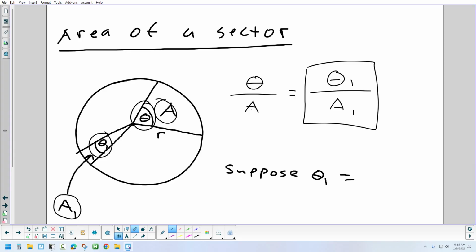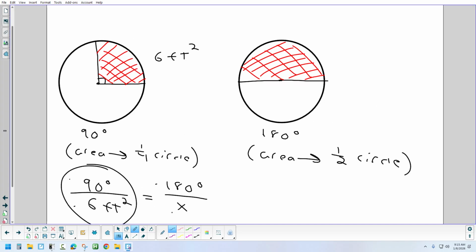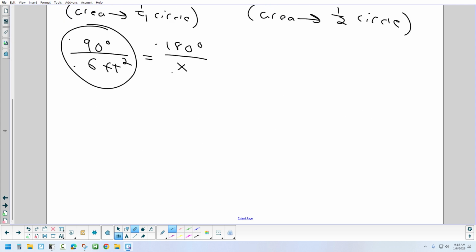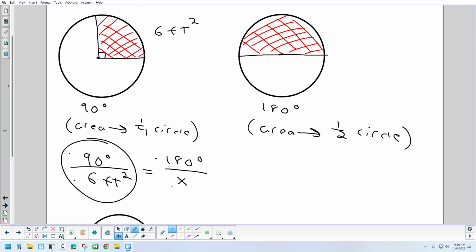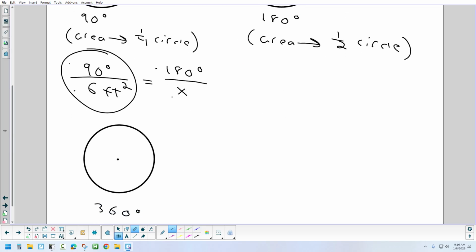All right, let's go back to our picture. So we've got a quarter circle, we've got a half circle. What if I drew a diagram like this? 360 degrees. How much of the circle would be shaded? The whole thing.